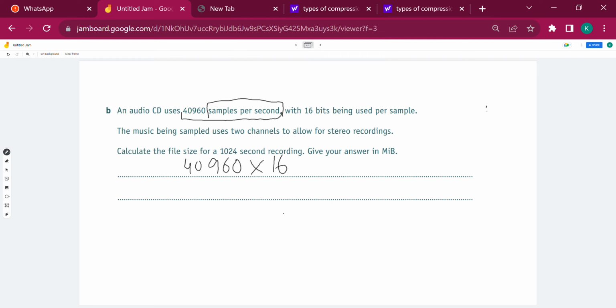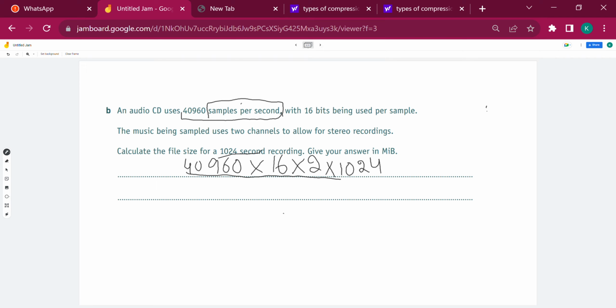So the same samples we are taking from two channels. Now we need to calculate the file size for a 1024 second recording, and again we need to give our answer in mebibytes. So rather than writing per second, I am going to calculate it for 1024 seconds, and I'm going to write this thing here.